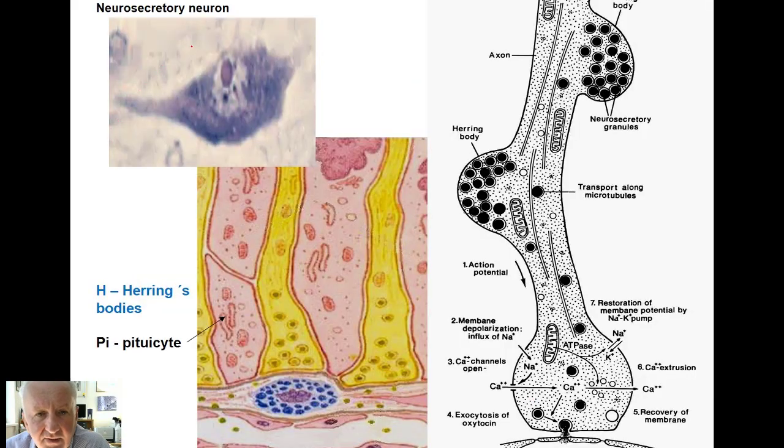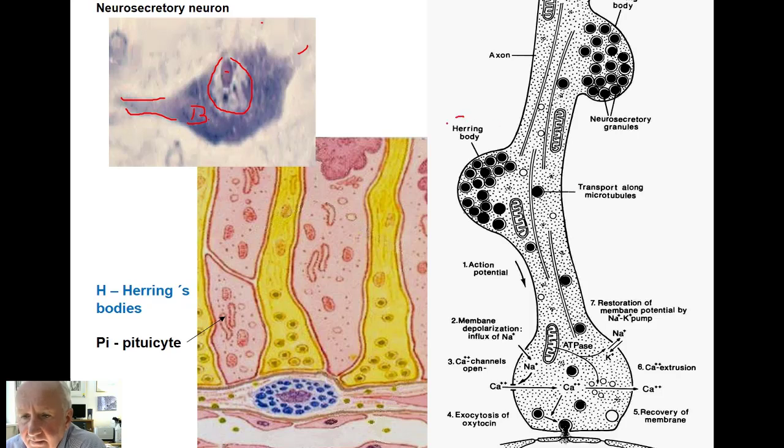This is a picture of the body of the neurosecretory neuron. You even see the light nucleus and the nucleolus. You see the basophilic cytoplasm, typical basophilic cytoplasm, very short dendrites, and this can be, for example, the long axon, which is coming down and bringing the hormones to the ending of the axons and then releasing them to the blood.